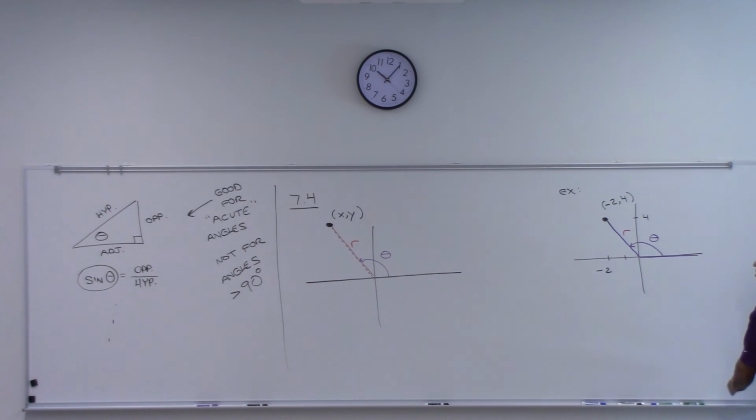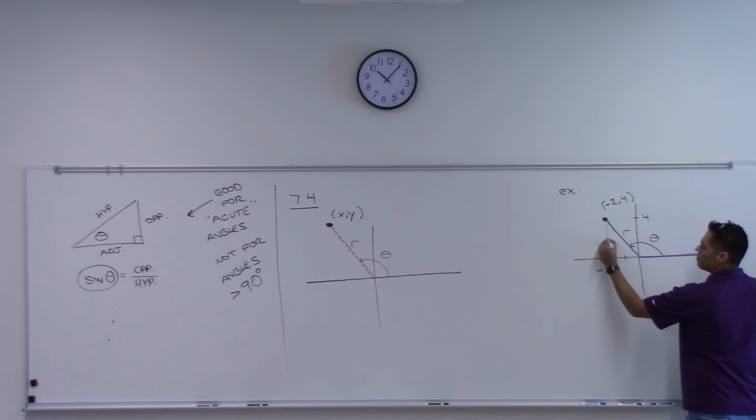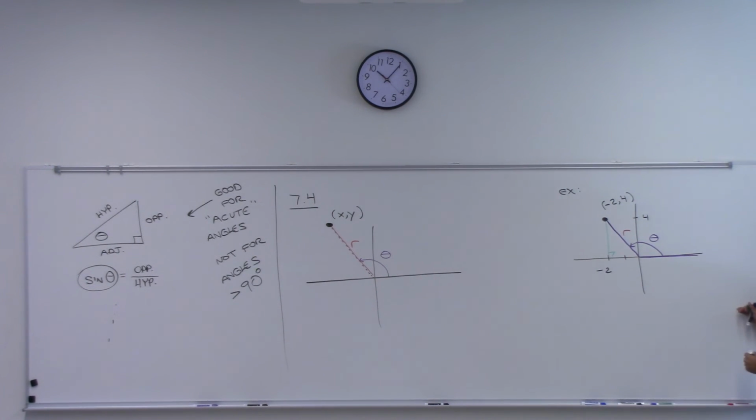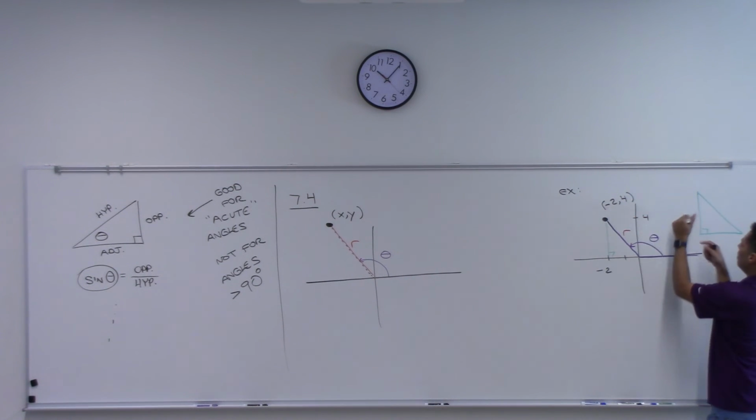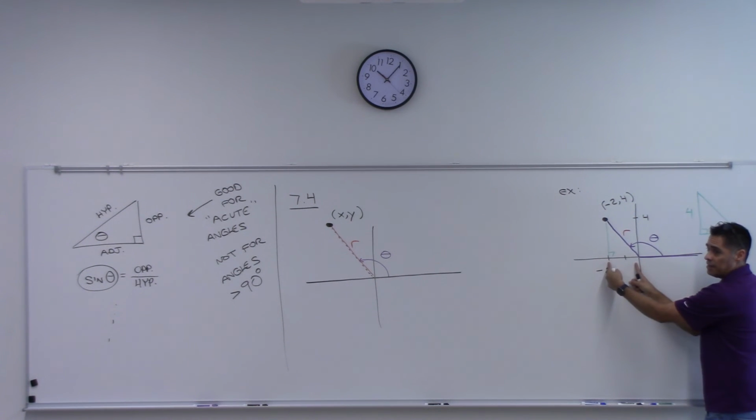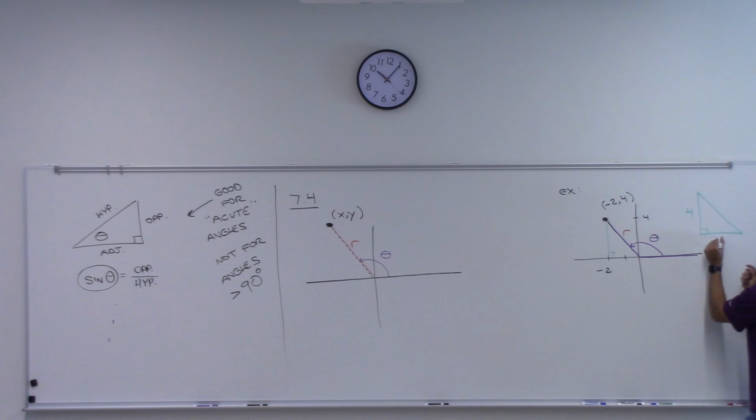There's a couple of ways to do it. Anyone? I heard distance formula. Is that what I heard? Yes, sir. You could use the distance formula, right? Another thing you could do, which would be kind of clever, is to think about this as being like a little right triangle. Do you see that little right triangle there? How long is this side? 4. How long is this side? 2.